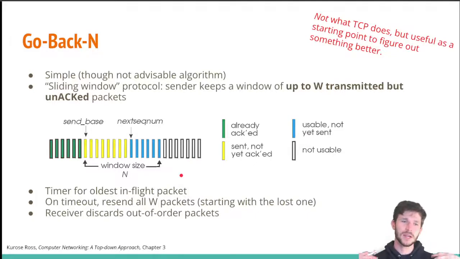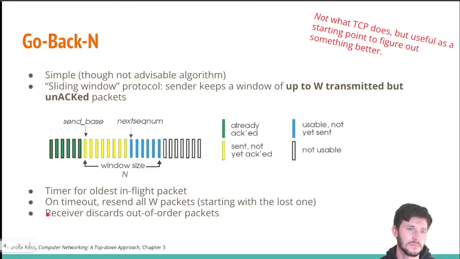We're going to keep track of a timer for the oldest in-flight packet. If we don't get an ACK for that in-flight packet before we time out, so before a certain amount of time passes, we will time out and resend all W of these packets, starting with the one that was lost and everything else in the window that was already sent.